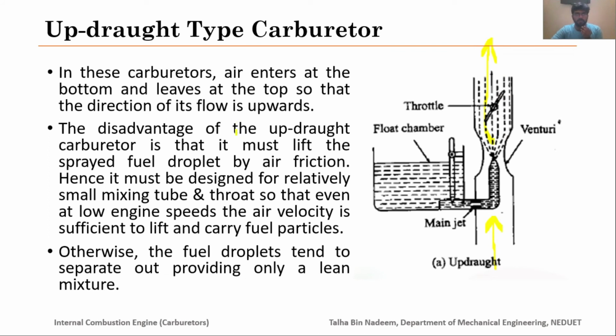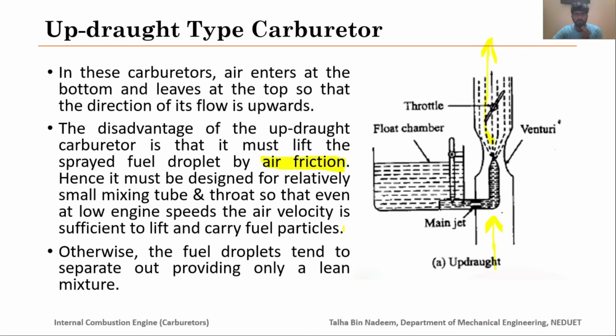The disadvantage of the updraft carburetor is that it must lift the sprayed fuel droplets by air friction. I mentioned earlier that air friction is responsible for taking these droplets along with it. Hence, it must be designed for a relatively small mixing tube and throat, so that even at low engine speeds, the air velocity is sufficient to lift and carry fuel particles.